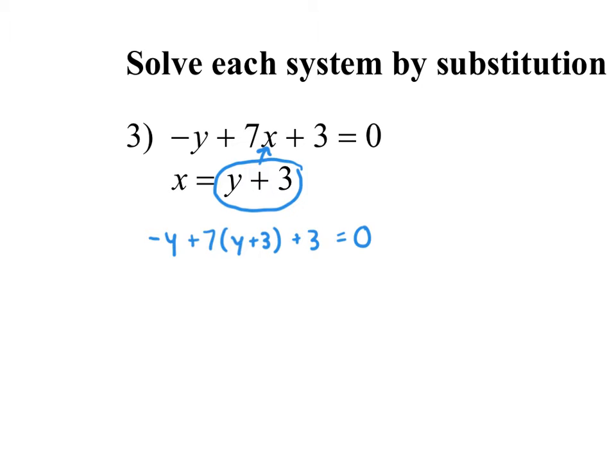How would we solve for y here? What do we need to do first to solve for y? Distribute. Awesome. We distribute the 7. So -y plus 7y. What's 7 times 3? 21.